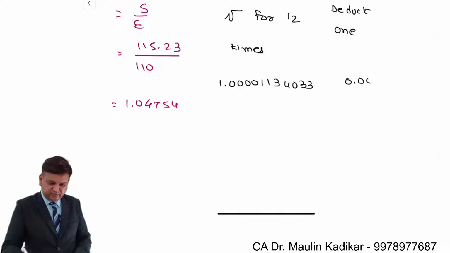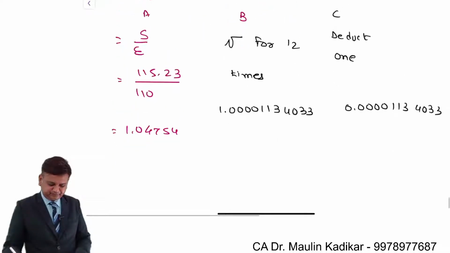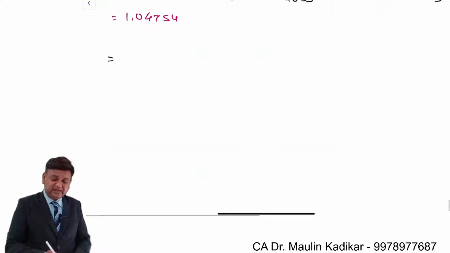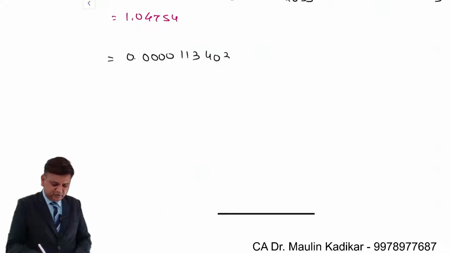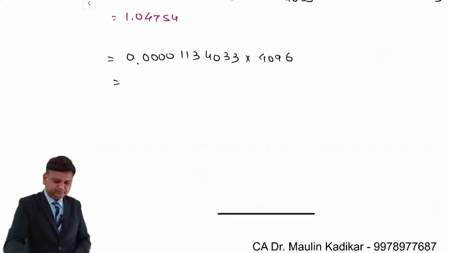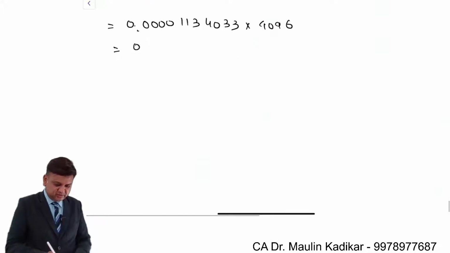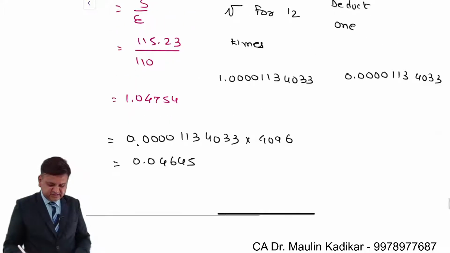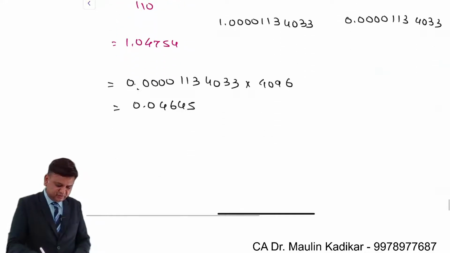Deducting 1, it is 0.12341134033. Then the final answer is 0.12341134033 into 4096, so the final answer is 0.04645. That is the way we'll make the computation of the answer for ln S divided by E.